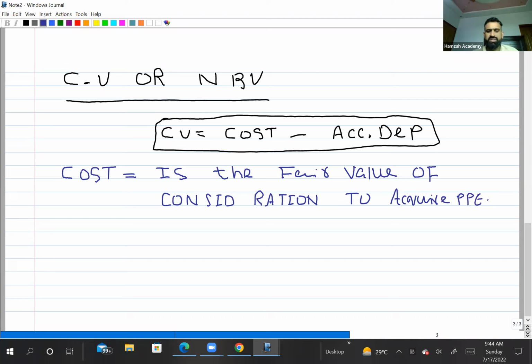So the fair value of the consideration which is given to acquire the property, plant and equipment will be the cost of the property, plant and equipment.